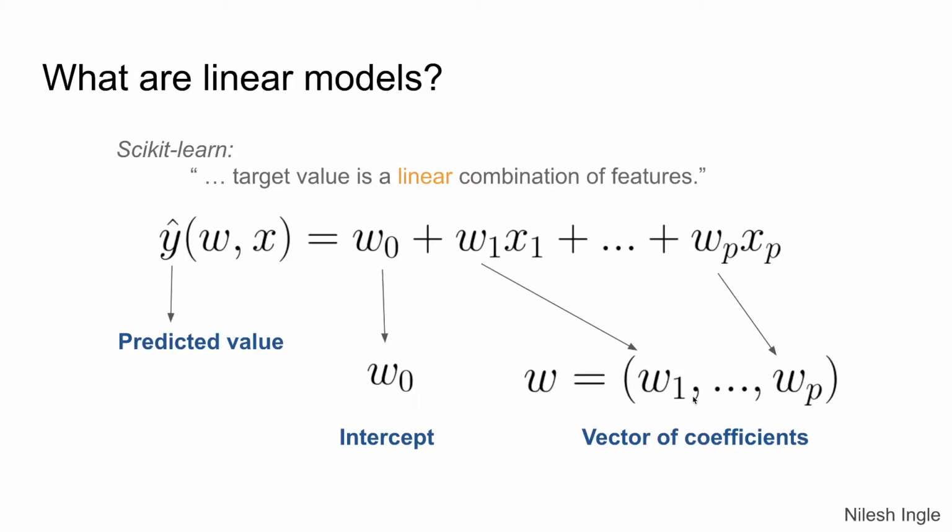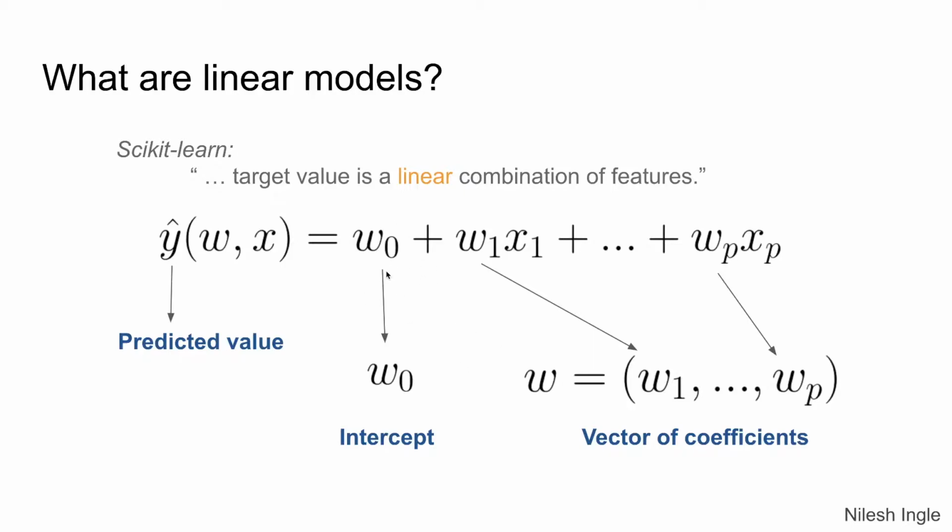So all these parameters are linear because they are not raised to a power of, let's say, 2 or 3 or anything. They're just raised to the power of 1, all of these. And y would be the predicted value, which is based on the parameter w and the feature x. And here the w0 is the intercept.